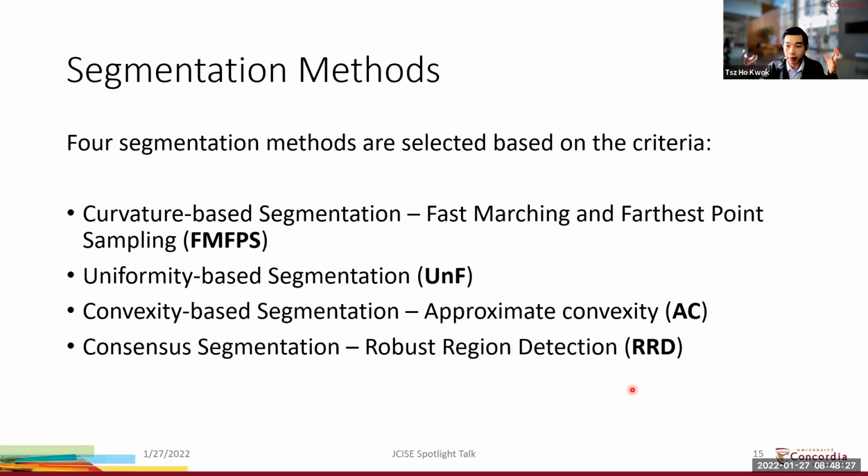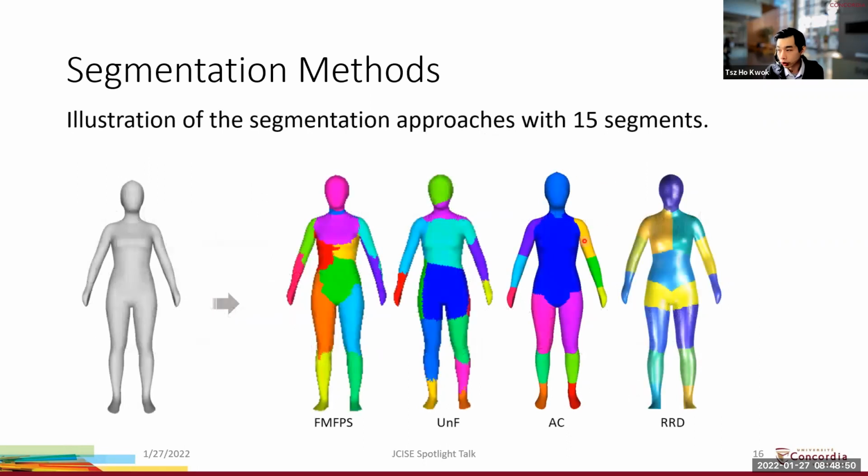If those are common across different segmentation methods, they keep them. So the result is more like stable, properly sized patches that look more meaningful, more high-level reasonable clusters. These are the 4 selected segmentation methods, and this is an illustration using 15 segmentation patches.